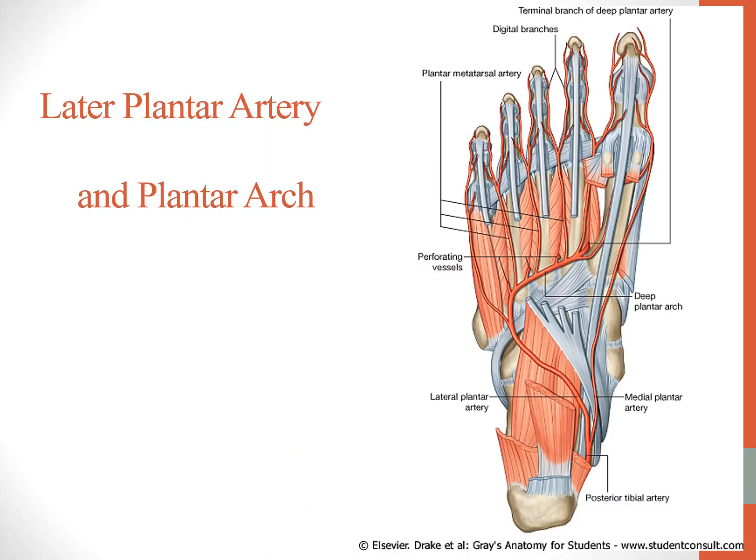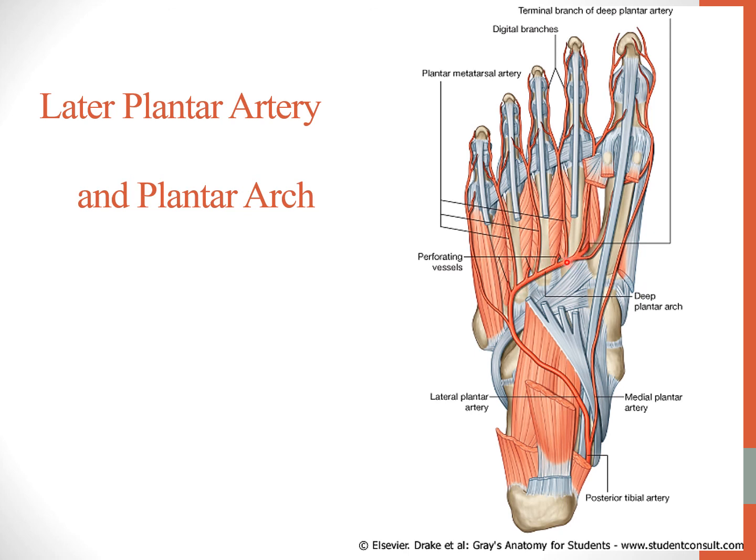So here you can see now the posterior tibial artery divides at the sole into medial and lateral. Lateral plantar runs from the medial side to the lateral side, and then it makes an arch-like structure just at the base of the metatarsals. So this arch is completed by union of a branch which is coming from here, that is the dorsalis pedis artery. So they connect together and form this arch.